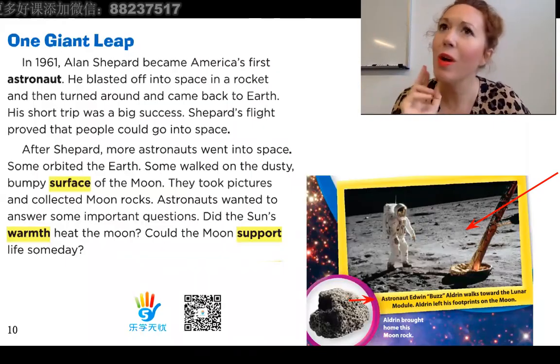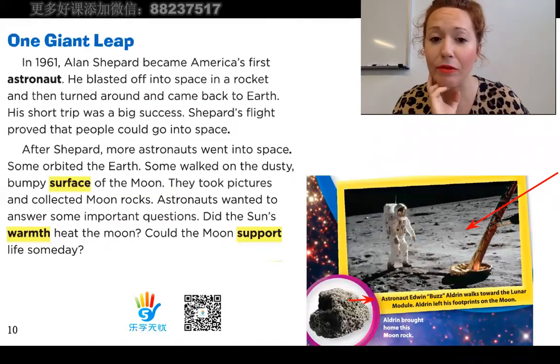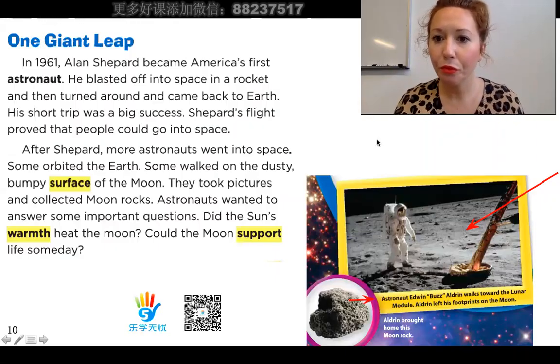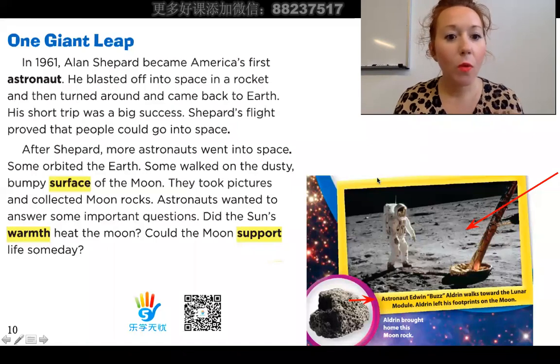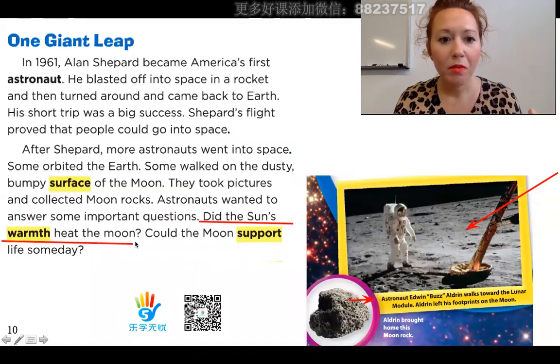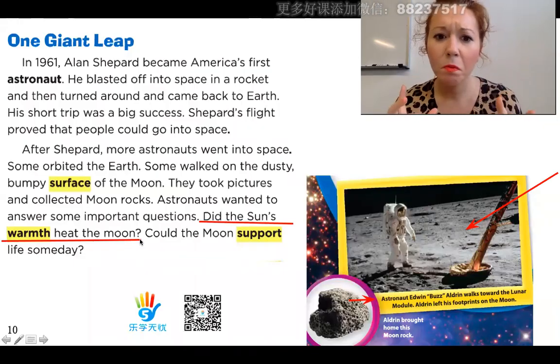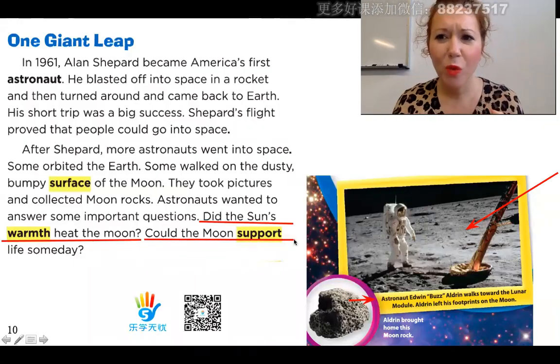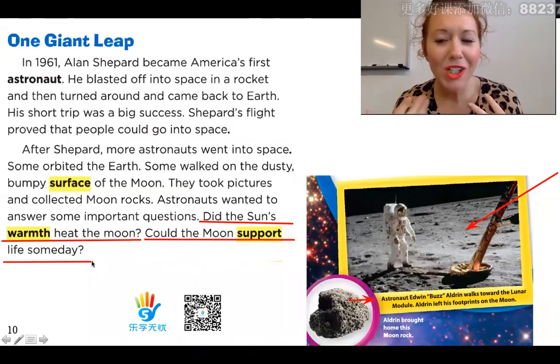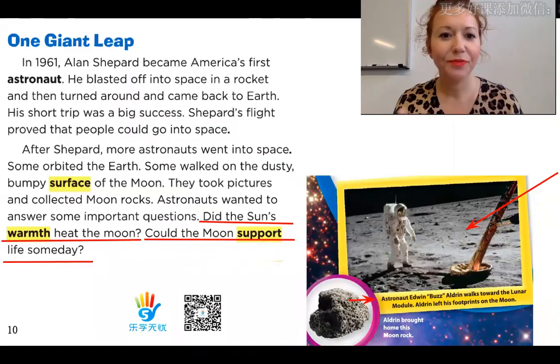Now, what are some questions that scientists have about space? So they want to know, did the sun make the moon really hot? Could we live on the moon someday? So they had a lot of questions about this moon thing.